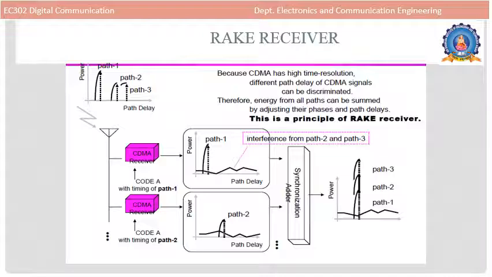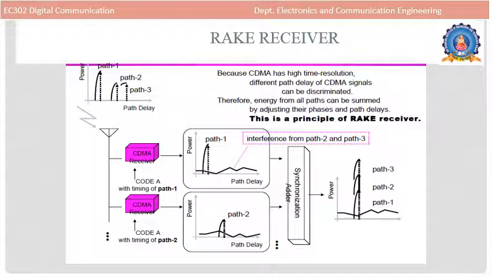This first shows the different multipath components. Here there are three paths. In CDMA we use rake receivers, and each rake receiver has some pseudo noise codes in order to recover the information. Path 1 and path 2 have different branches for the rake receiver, and at the end we collect all the path signal energy, and that signal is considered for the recovery of information.